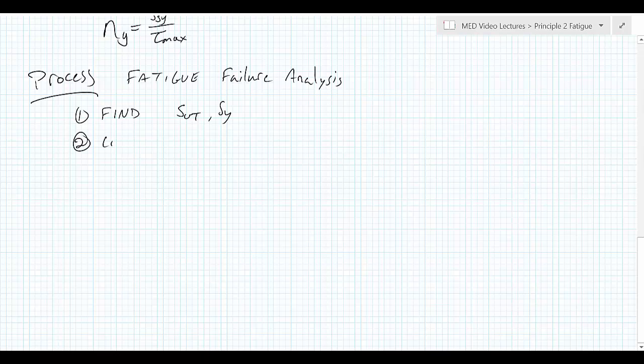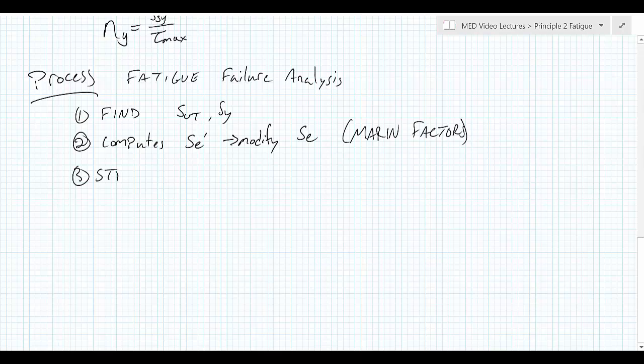Next, we need to compute our endurance strength, SE, and then modify it to become our more realistic endurance strength with the Marin factors. We then can calculate any stress concentration factors.